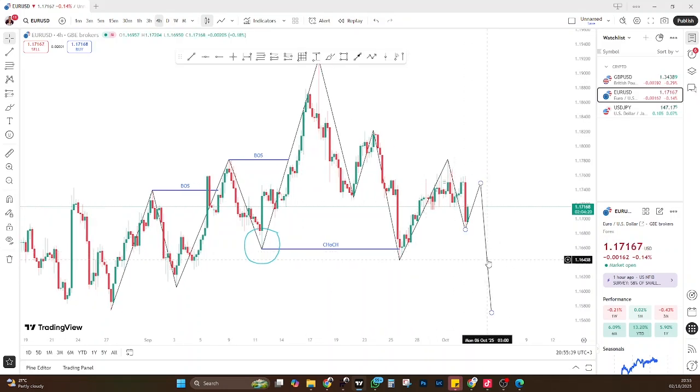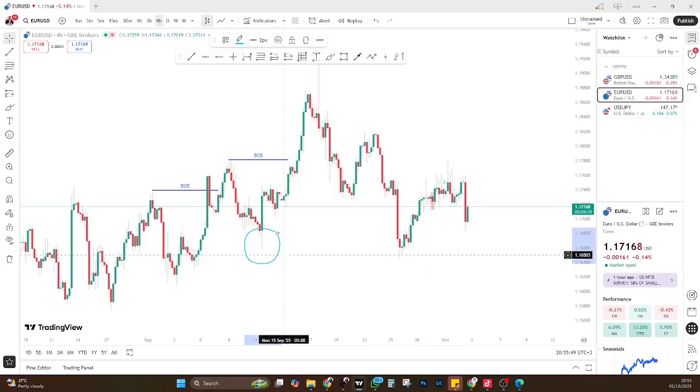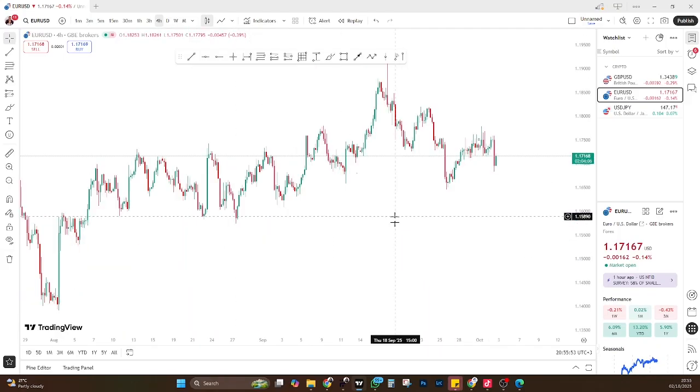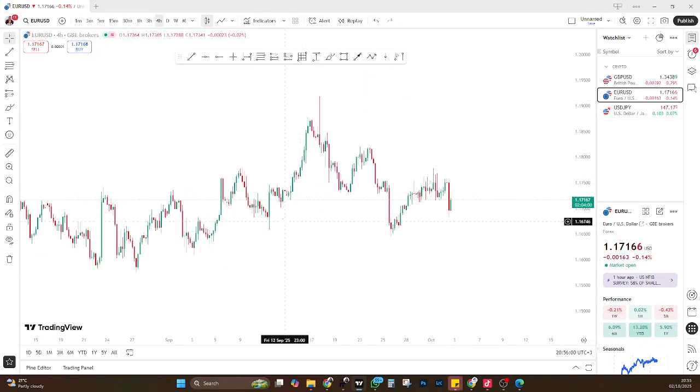That means right now we are in a downtrend. Why? Because the previous low was taken out. So we are no longer in an uptrend. We are now in a downtrend because the previous low was taken out.